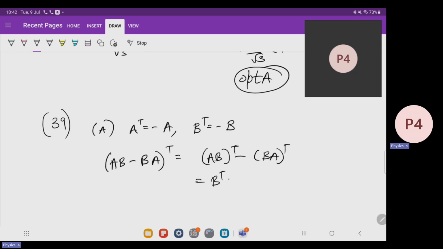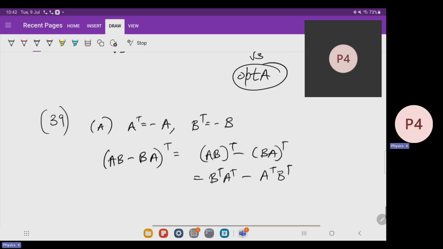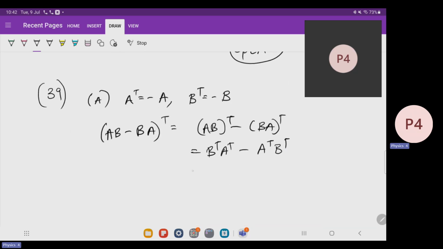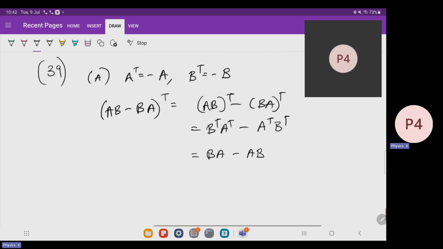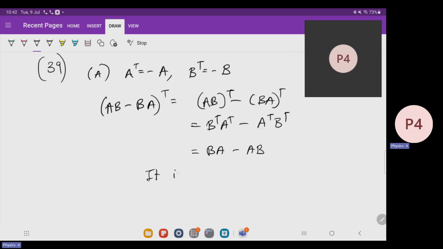This becomes B transpose A transpose, the reversal property of transpose. B transpose is minus B, A transpose is minus A. So this becomes BA minus AB. So you can see it is skew symmetric. So first option is correct.